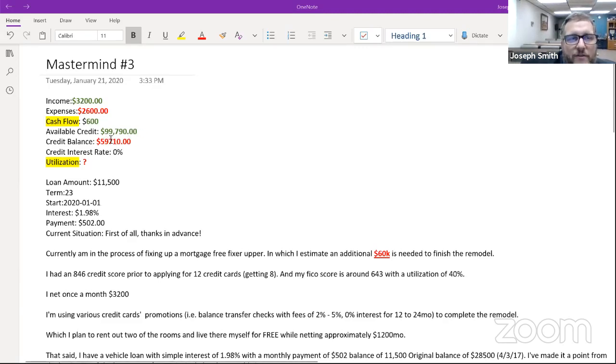So if we have total $99,790 of available credit, but we're using $59,710, what is our utilization? How do we figure that out? Well, we get on our handy dandy calculator. We take 59,710 and we divide that by 99,790.